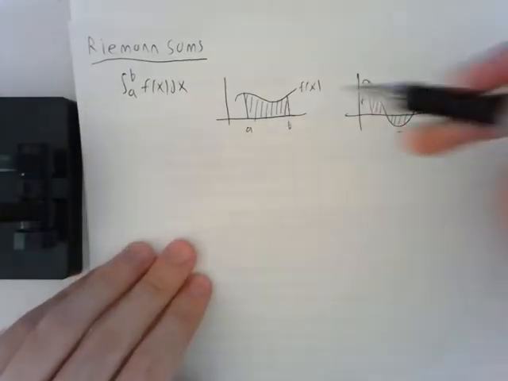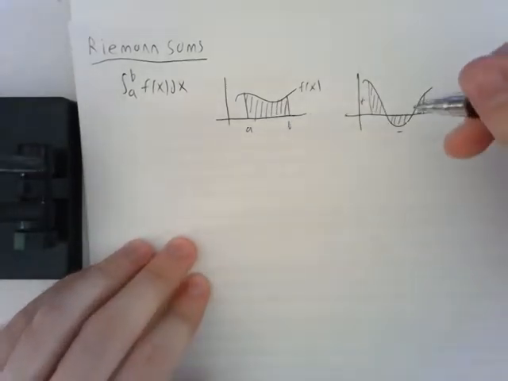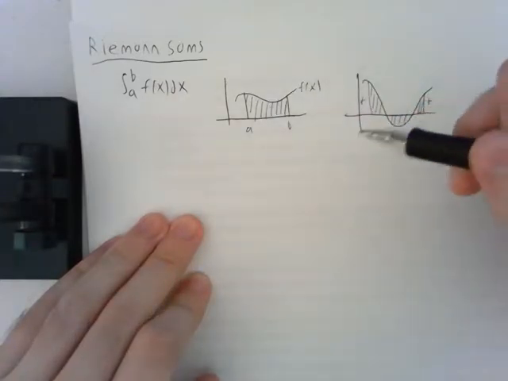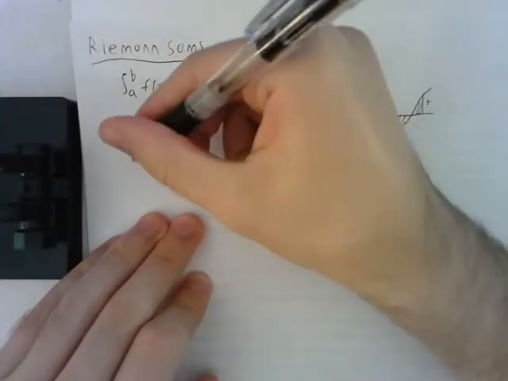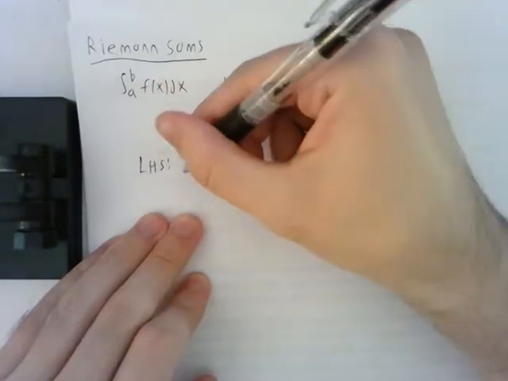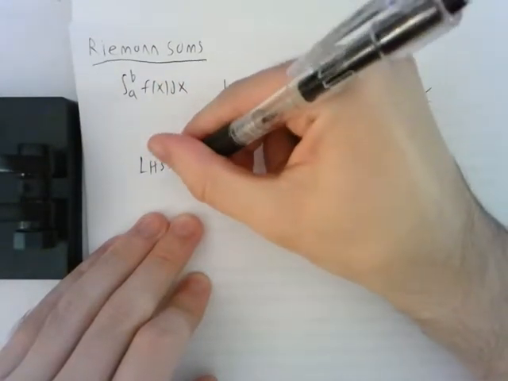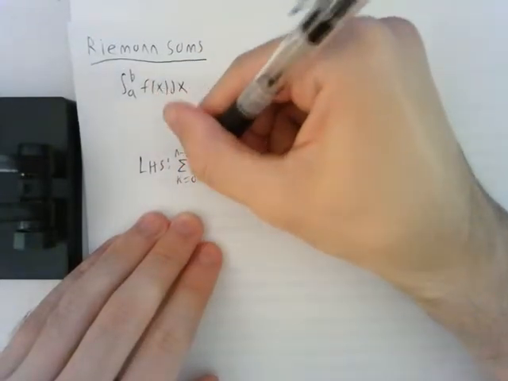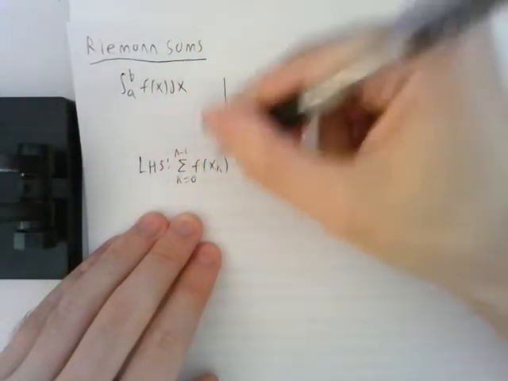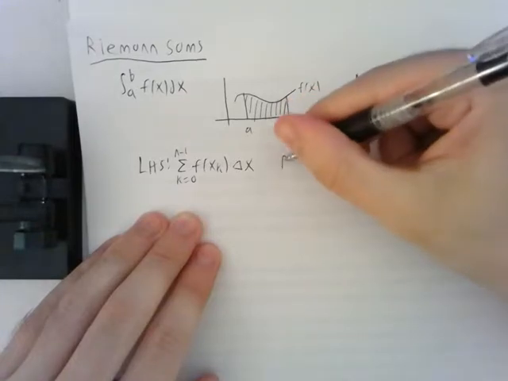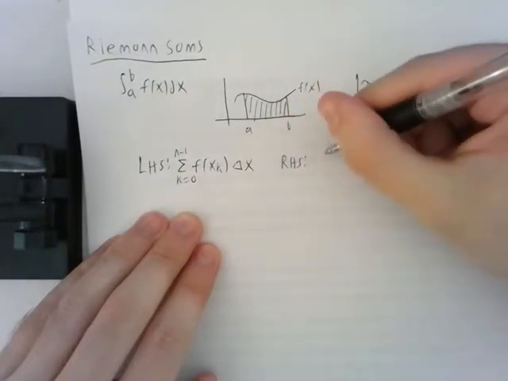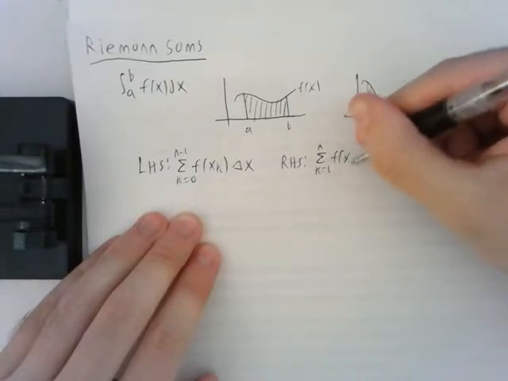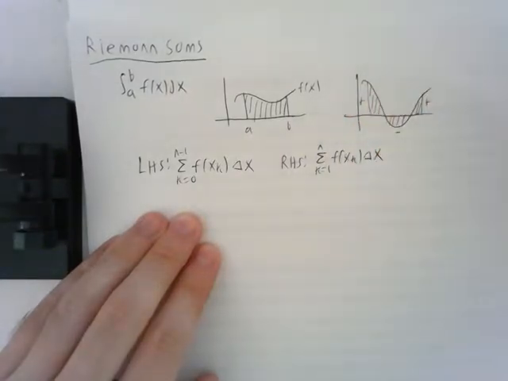So we saw in the last video that we could approximate these integrals with Riemann sums. So we had a left-hand sum, which was sum from k equals 0 up to n minus 1 f of xk delta x, and the right-hand sum was the sum from k equals 1 to n f of xk delta x.